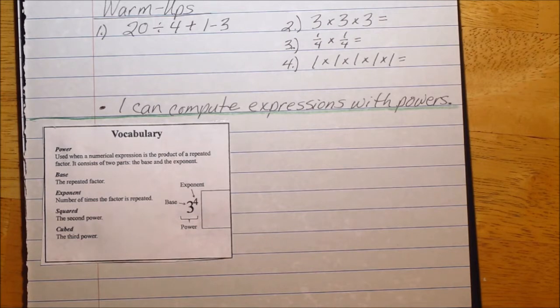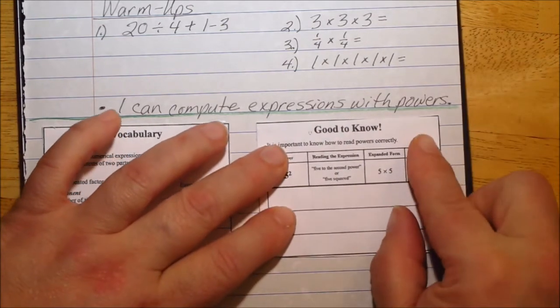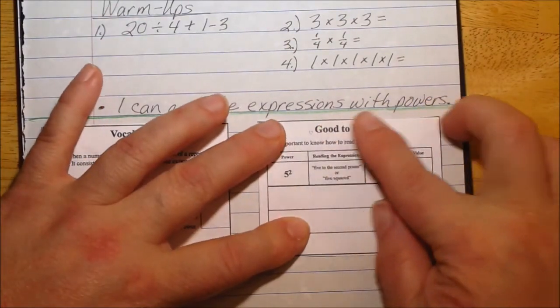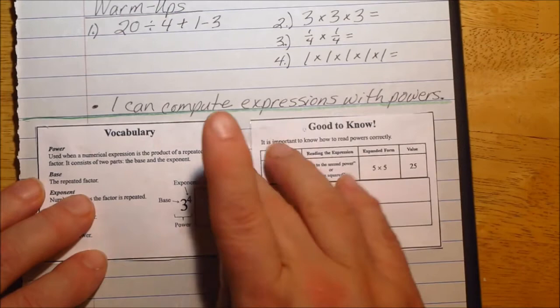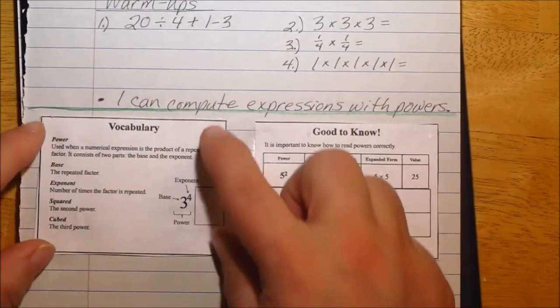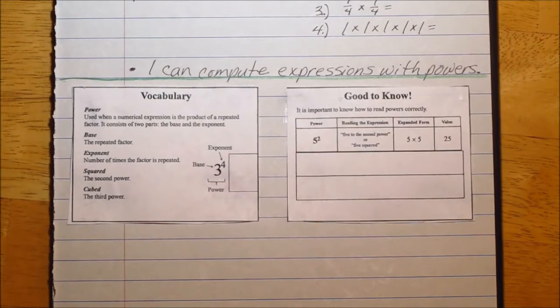Remember, we worked a lot with squared when we were figuring out area, and cubed when we were figuring out volume. Okay, so you're familiar with those terms, and we'll just talk about how we use them as part of a power in our exponents.